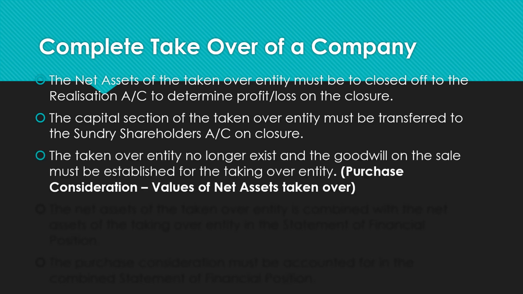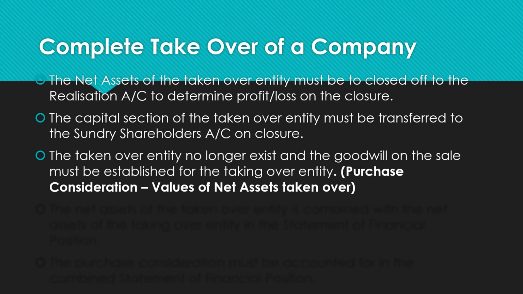And the taken over entity no longer exists, because if it is business A taking over business B, B will cease to exist and you only have business A. So again, business B will no longer exist, and the goodwill on the sale must be established, which means you have to work out what the goodwill would be on the sale.